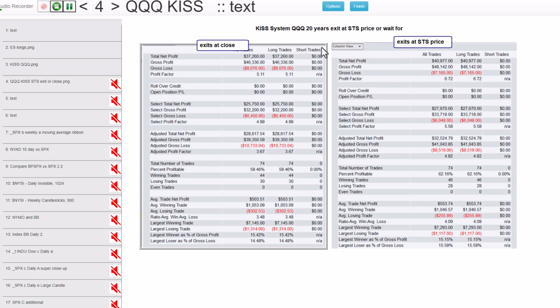And the cool thing about these KISS systems, guys, again, while a profit factor of 6.7 isn't like the reversion to mean systems, it's not 25 or 15 or whatever, it's still pretty damn impressive considering these are completely unoptimized. I can throw these on virtually any stock or ETF and you get a profit factor of 3, 4, 5, 6.